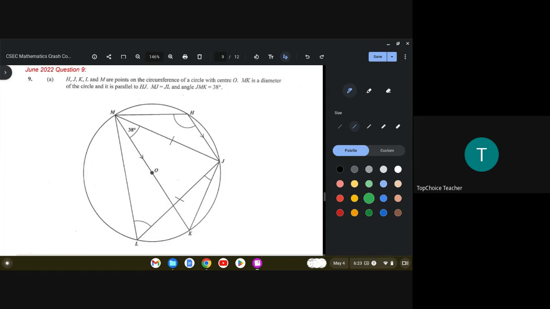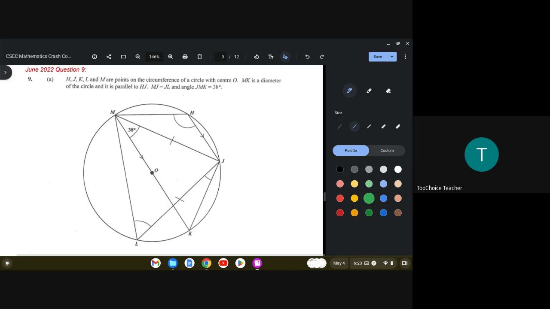I don't think I met any student who says they really like circle theorems, okay? It's just one of those more difficult topics. It's not really a formula you could just apply and solve an equation. It requires you to remember a few theorems, and then you need to spot patterns inside your shapes. Also, in this question, you need to remember triangle properties and line relationships with each other.